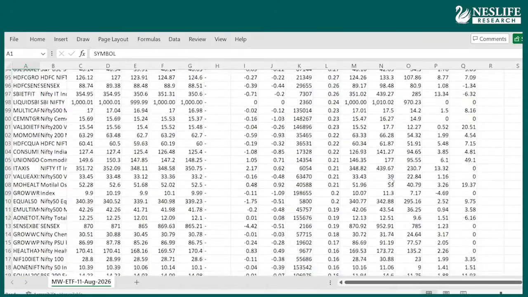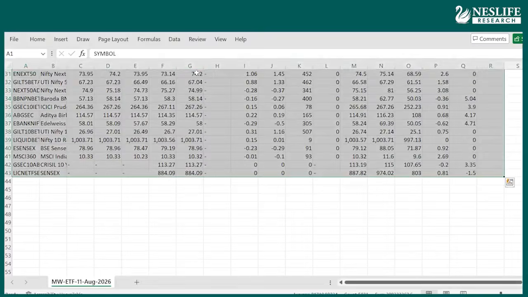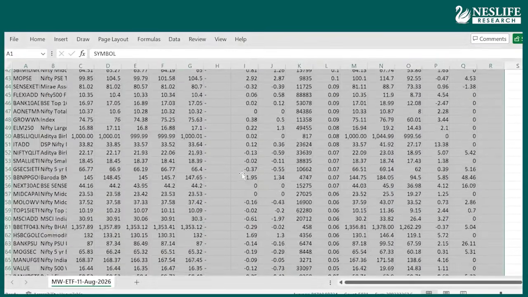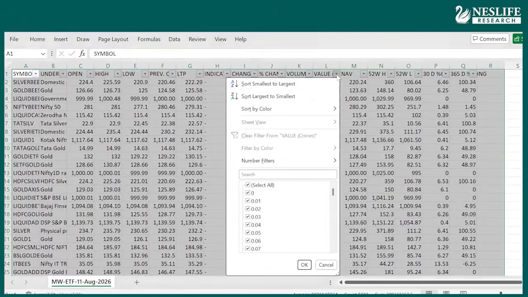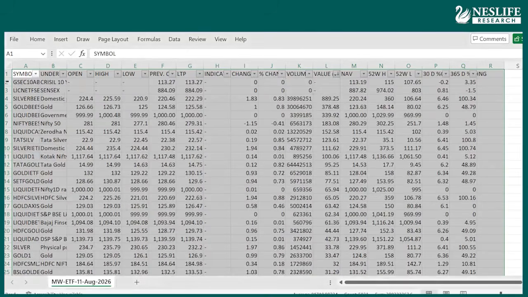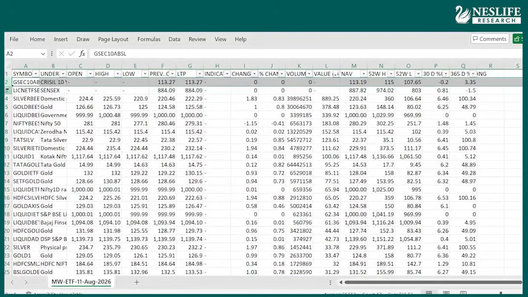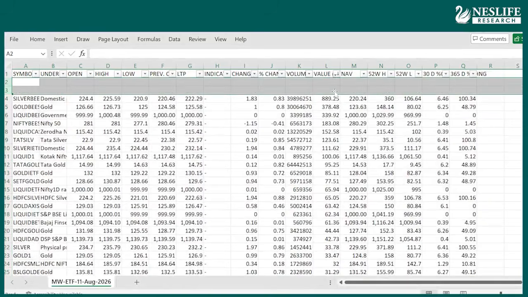You can see there are almost 300 ETFs. Ideally, the mutual fund or investment industry should make life easy, but they keep making life complicated. So here we are finding out which is the mutual fund which has the highest value. Okay, we can sort data.